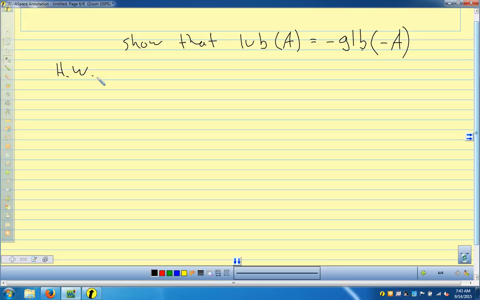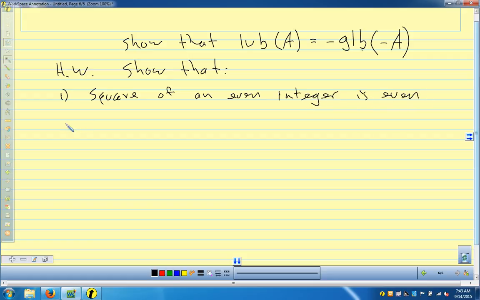All right, so let me give you some proofs that you can work on. I just wrote a few down. And I'm going to say show that, and when we say show, that means prove. The square of an even integer is even. And the examples we did should help.